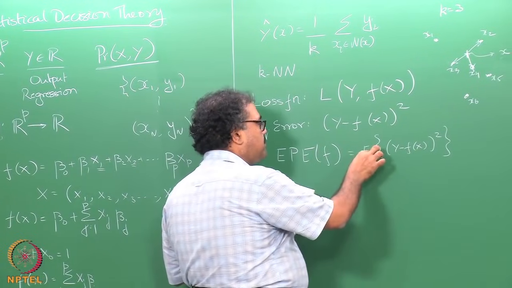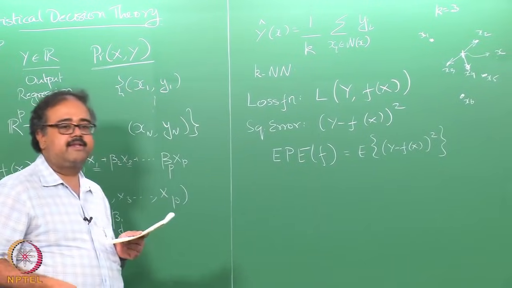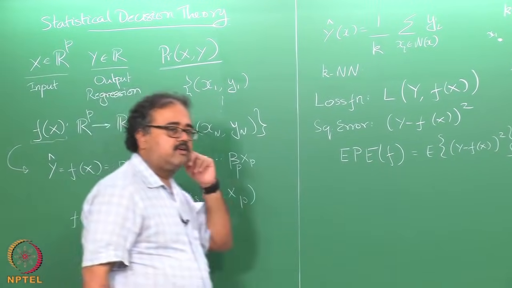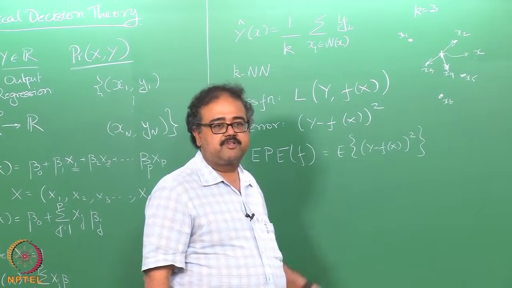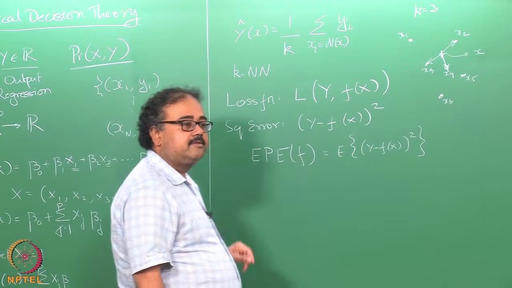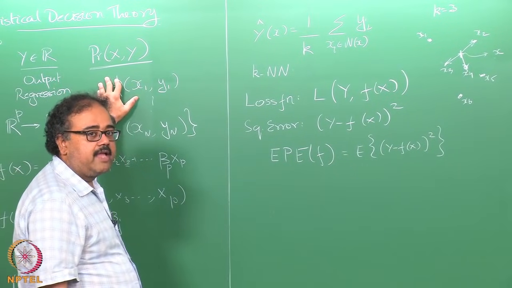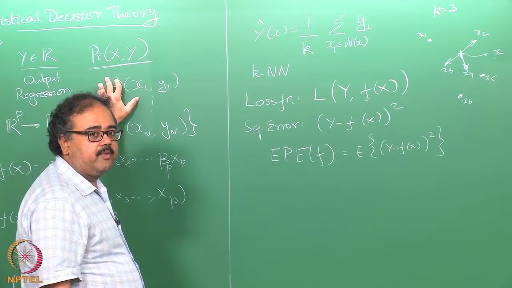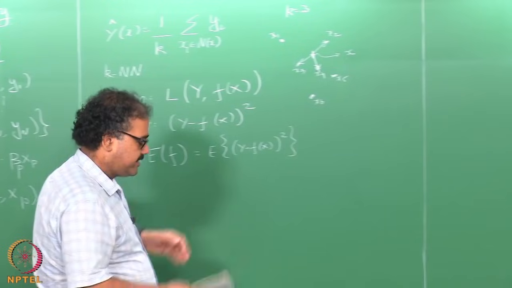So, what is the distribution with respect to which you are taking this expectation? Whenever we talk about the expectation of a random variable, we will have to talk about the underlying distribution. Exactly, it is the joint distribution of x and y. That is the distribution with respect to which you are taking this expectation.